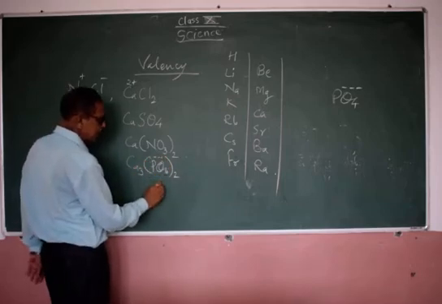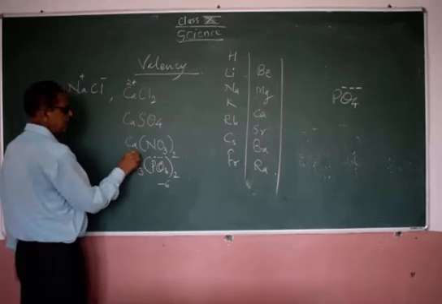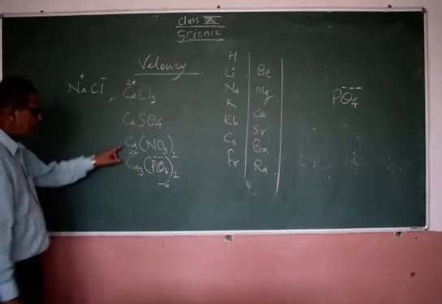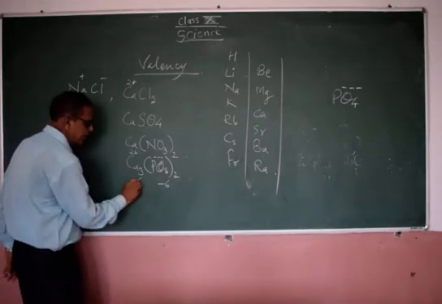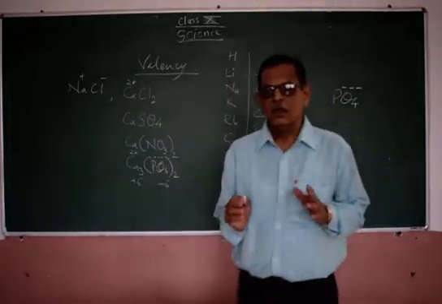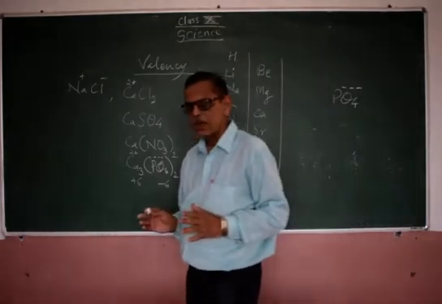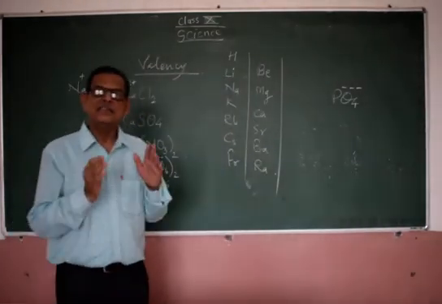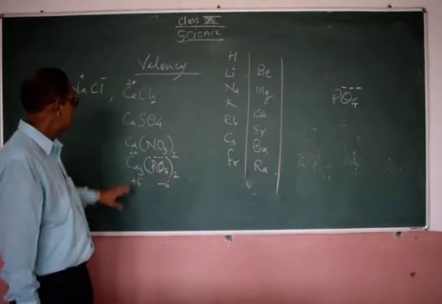That means total negative charges -6, and calcium ion having +2 charge, therefore you can say total positive charges +6. So in this way the charges are balanced and their valencies are balanced, and we can write the correct formula of the compound.